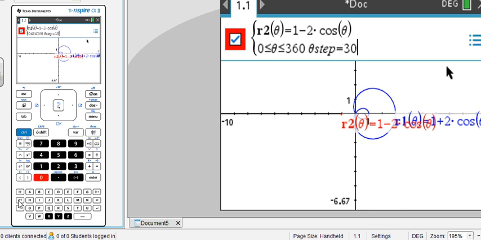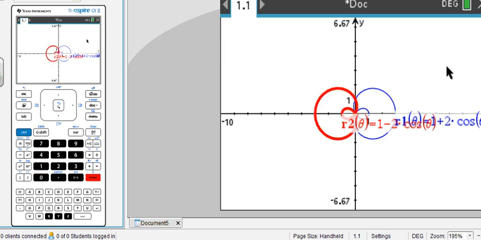And I'll change the step to 30. So note that that negative in front of the 2 cosine theta just flips the graph right over the y-axis. The y-axis is a perfect axis of symmetry for those two graphs.